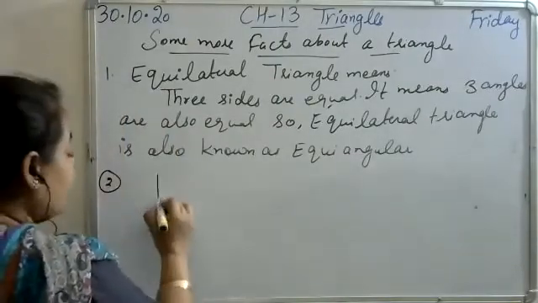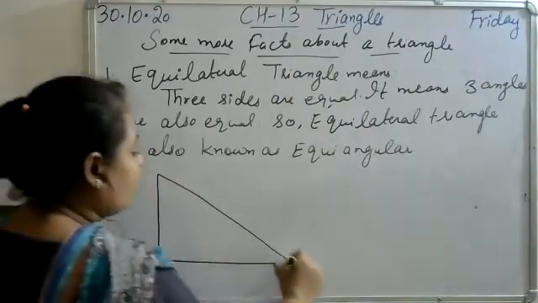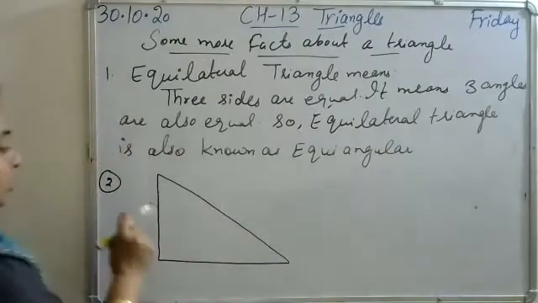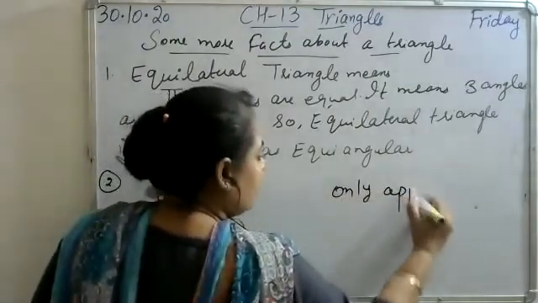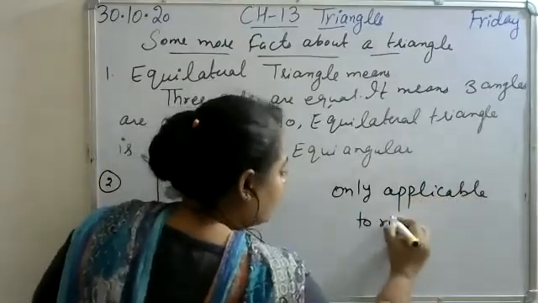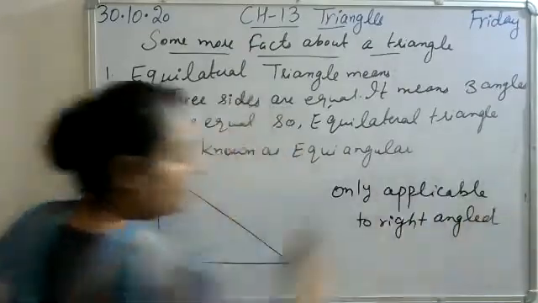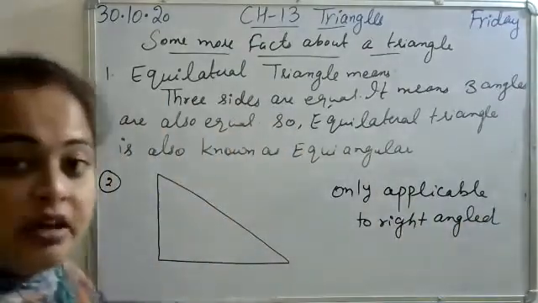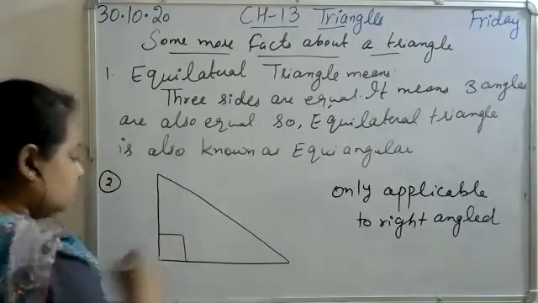for right angled triangle. Only for right angle. Now this is only applicable to right angled triangles, in which you will observe one angle is of 90 degree here.